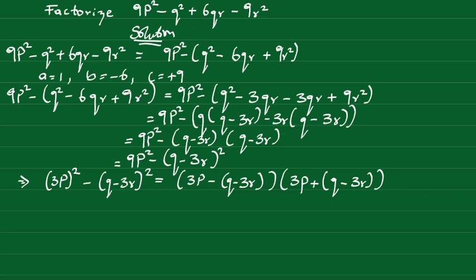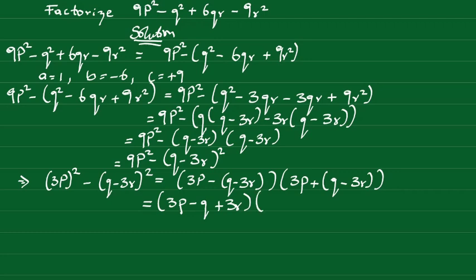Proceed further. Now we have a bracket open, 3p, and in order for us to open a bracket, we have minus q, and minus times minus 3r gives us plus 3r, bracket close.